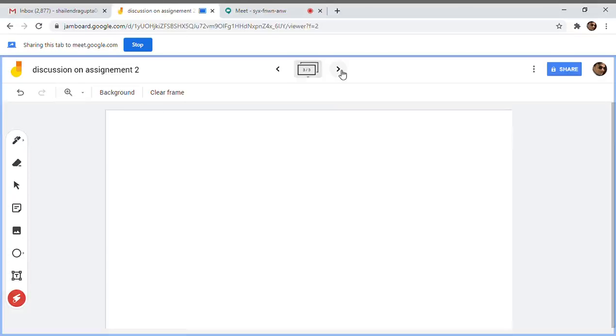Sorry, 28th question. Question number 1.28. Okay, let us see what this question says. Again, this is a question of coordinate transformation.